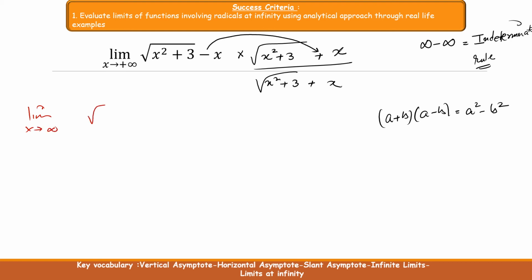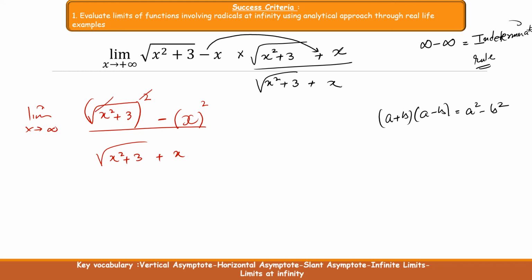So first term with the power 2, then the second term with the power of 2, and in between we will always write the negative sign. Now the denominator, we will not do anything because this is alone. Now square root and square cancel.